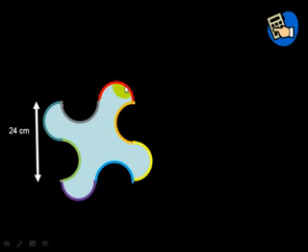Now, each of these lengths is actually half the circumference of a circle. Let's count how many there are. 1, 2, 3, 4, 5, 6, 7, 8. So to find the perimeter of this figure, I need to find 8 times the circumference of a semicircle. Before that, I need the diameter.